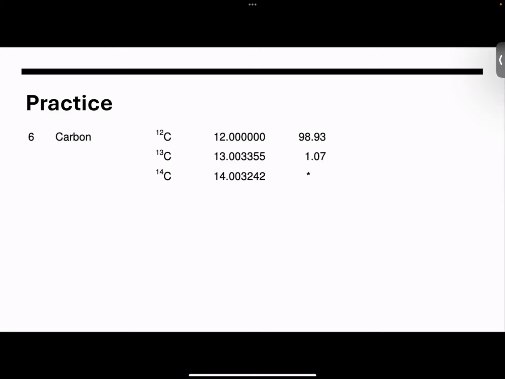So what do we do? Well, to get the average atomic mass, we're going to take the isotope mass times its abundance.